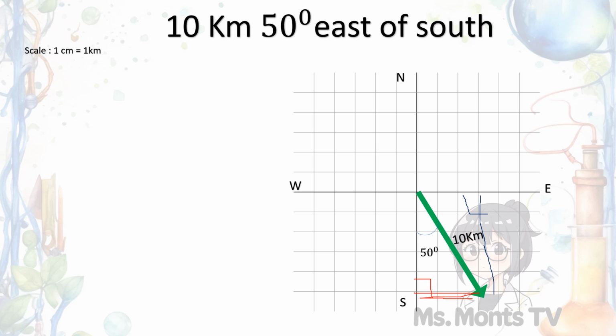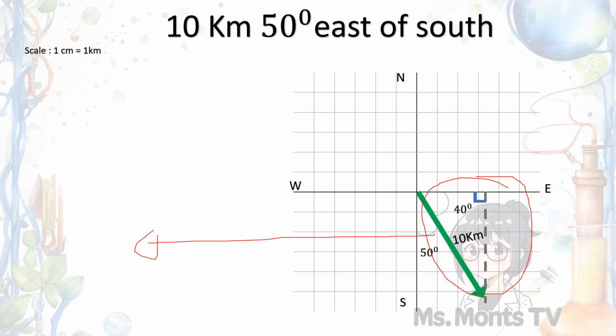For me to do that, I have to get the other side angle, that is 40 degrees, because they are complementary. Then I will write the straight line and the 90 degrees. After that, I will copy this right triangle and put it here. And I will identify its parts. So we have the 10 kilometers and the 40 degrees.